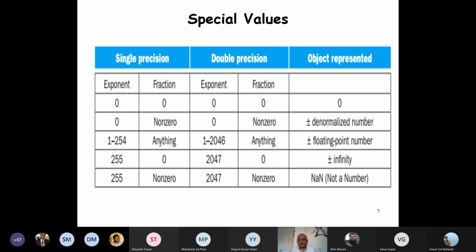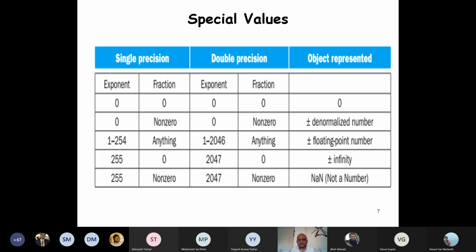But what is more important is that when the exponent is 0 and the fraction is non-zero, we call it a denormalized number. In the next slide, we will try to understand what is this denormalized number and what is its purpose. And when the exponent is all ones and the fraction part is 0, then this is a representation for infinity.